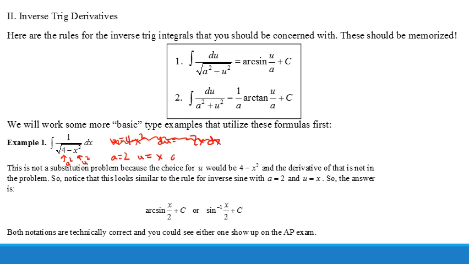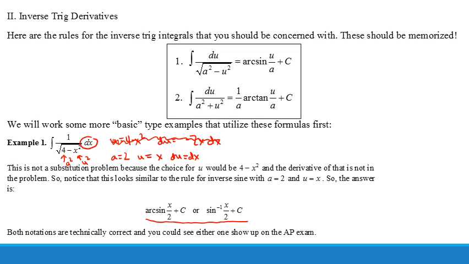Okay, and if u is equal to x, then notice that du is equal to dx, and that's exactly what we have in the problem right there. Okay, so this is an arc sine problem with a equals 2 and u equals x, and so the rule for that is arc sine of u divided by a plus c. So that's how I got the answer down here.